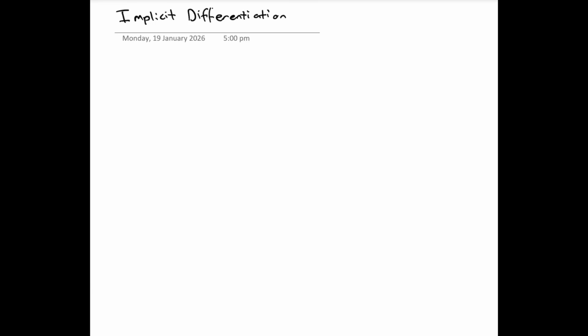Hello, today I'm going to explain implicit differentiation. Let's say I've got the following equation: 3x squared plus 4y cubed equals 7, where both x and y are functions, and I'm looking to find dy/dx.